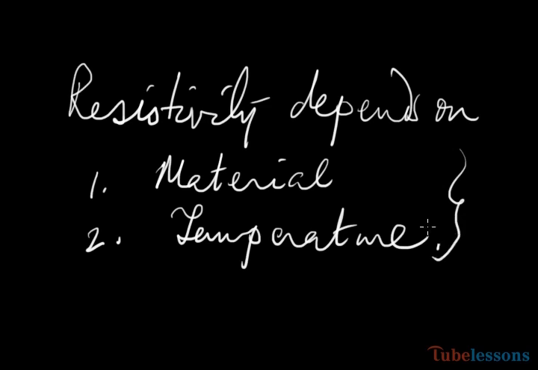Resistivity does not depend on the length and area of cross section, as resistivity means resistance of a conductor having unit length and unit area of cross section. So whatever may be the length and whatever may be the area of cross section, length may be increased or decreased, area of cross section may be increased or decreased, but it will be measured on the basis of unit length and unit area of cross section of a conductor. But with the change of temperature, resistivity changes, and with the change of material, resistivity changes. Resistivity of copper and resistivity of silver are different. Resistivity of silver is less than that of copper, and therefore conductivity of silver is greater than that of copper.